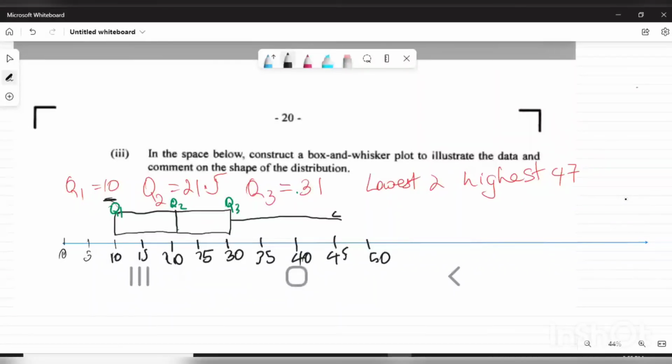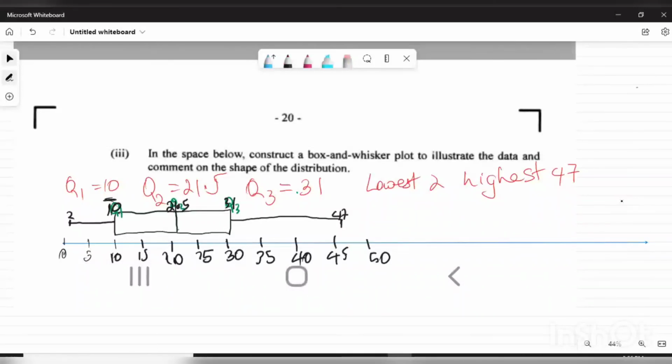This is 31. This is 21.5. I'm just saying you can put it there. This is 10. You can put them there instead of saying Q1, Q2. I'm just doing it for you. And then you go down to about 2, and you have 2.